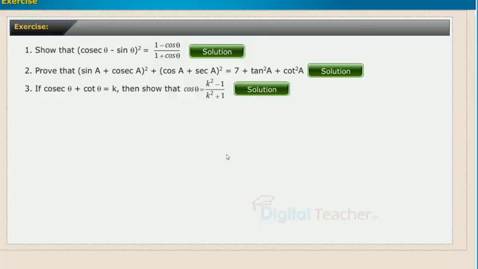Let us look into a few exercise problems. You can click Solutions tab to verify your answers.